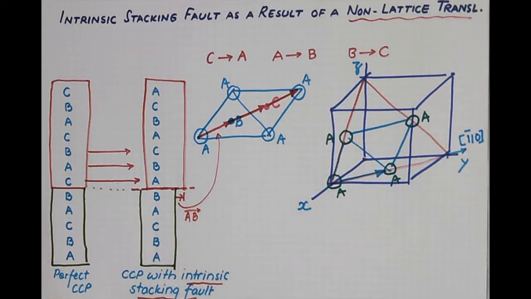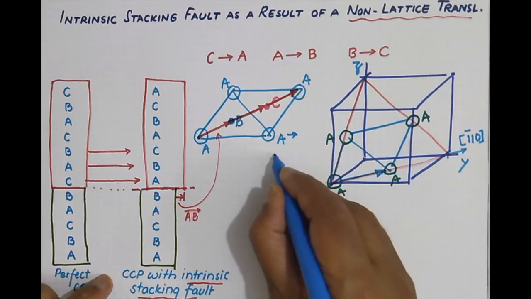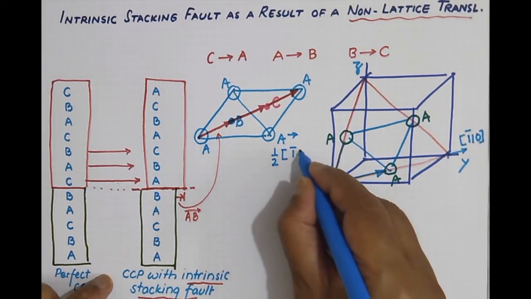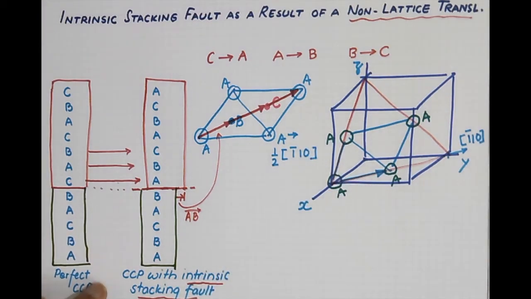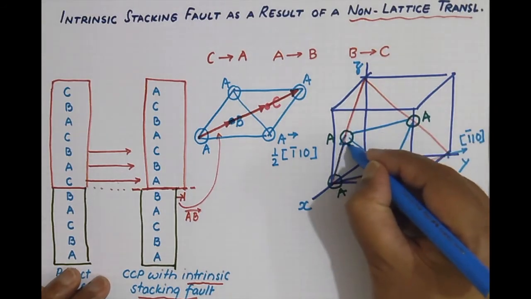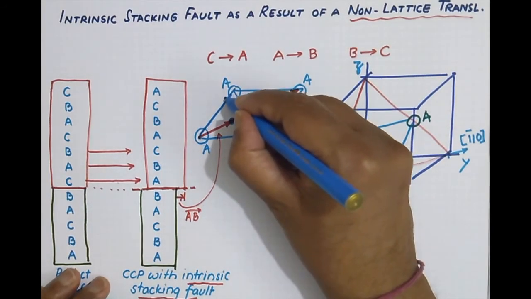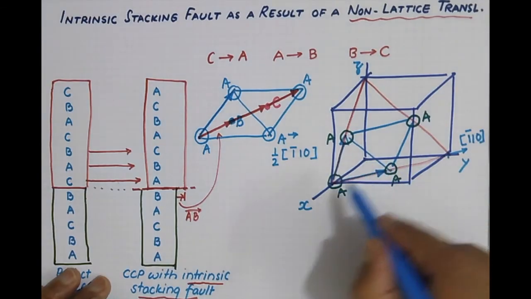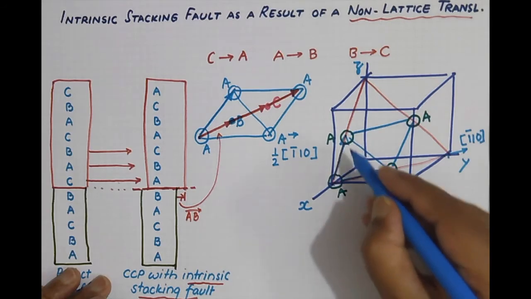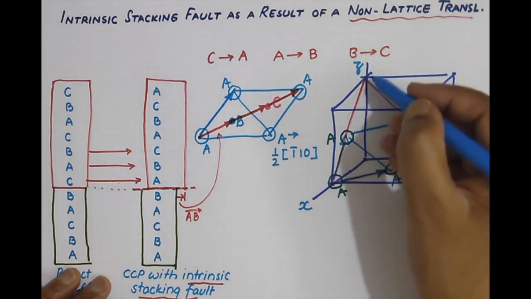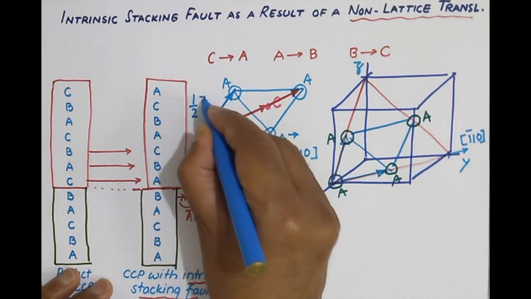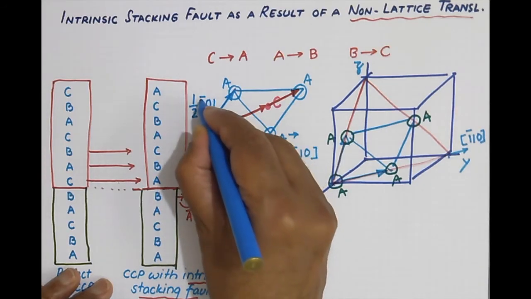So this AA vector is half bar 1 1 0. Similarly, this AA vector, this one, is minus half along x and plus half along z. So this is half minus 1 0 1.